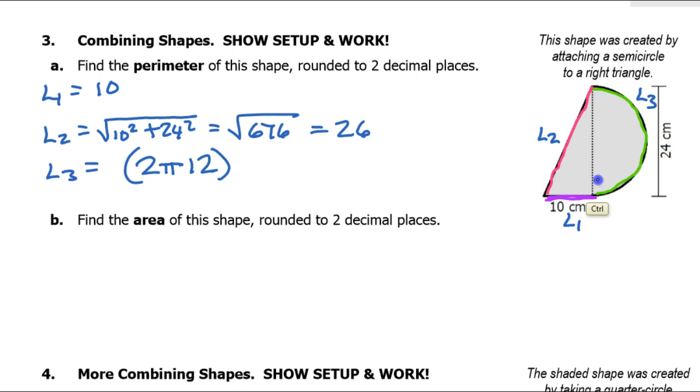But this is not an entire circle, this is just half of a circle, so that's why I'm going to do half of this. So the 1/2 and the 2 are going to cancel each other out, and that's going to leave me with 12 pi. So now we have all three lengths. So to get the whole perimeter, all I have to do is add these up.